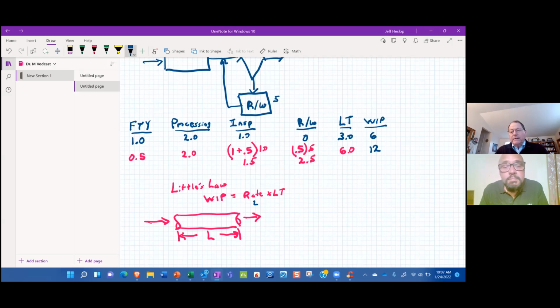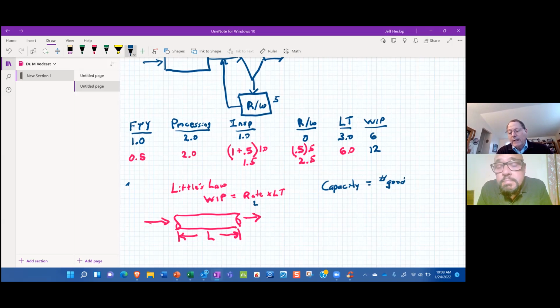So lastly, let's look at capacity. When we talk about capacity, it's equal to the number of good, I'm stressing good, number of good units divided by some kind of time, and we're using hours, okay?